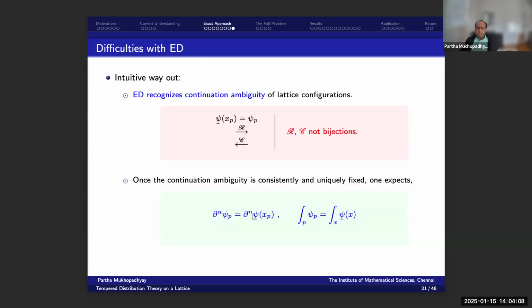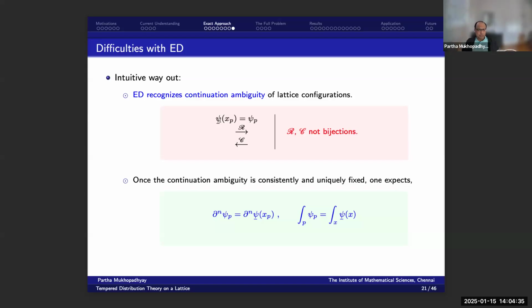Because if you fix this ambiguity, then you are not only fixing the ambiguity for a specific function, but for all possible higher derivatives of that function, because each derivative of a function is another function, and you are fixing that ambiguity. The space of functions on which the ambiguity is fixed contains all the functions and all their higher derivatives.